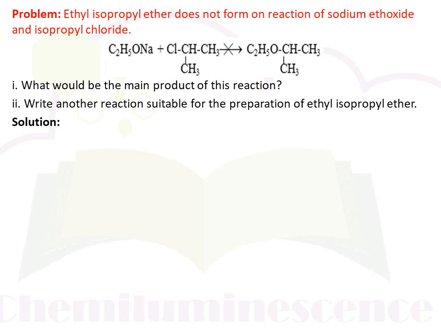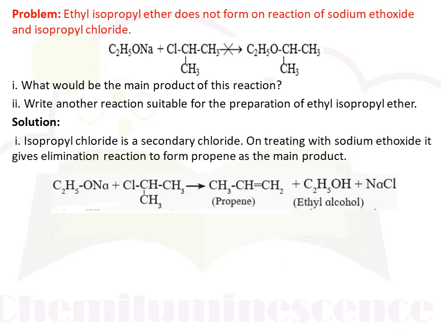Initially we can say that this reaction is a Williamson synthesis, and we know that if secondary or tertiary alkyl halide is used, the reaction undergoes elimination and alkene is formed as the main product. That means from these reactants we can get alkene as the main product.